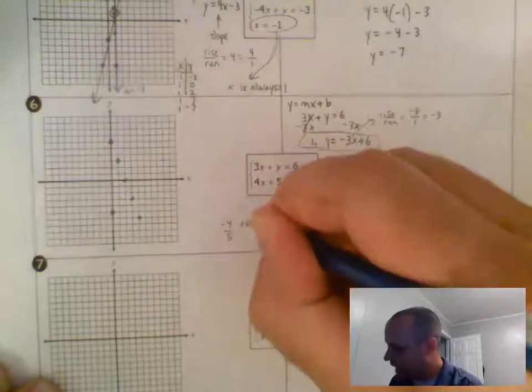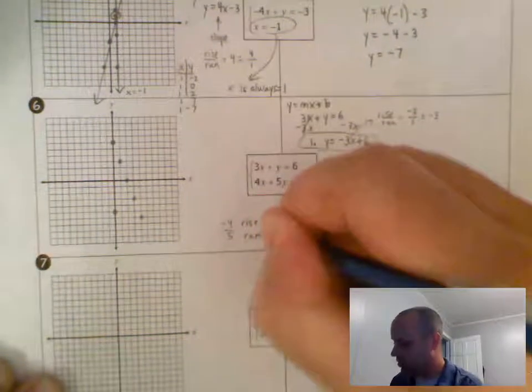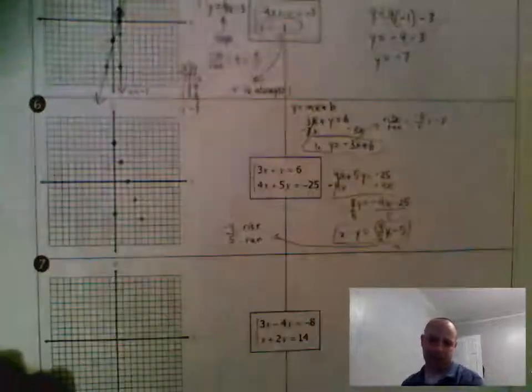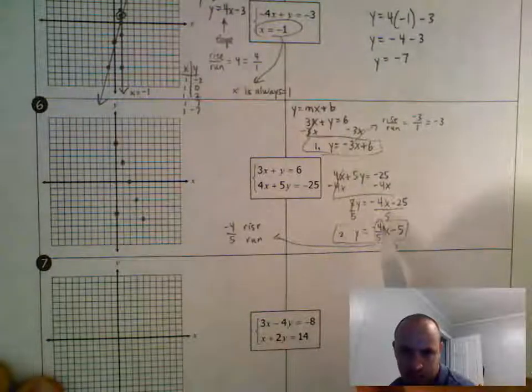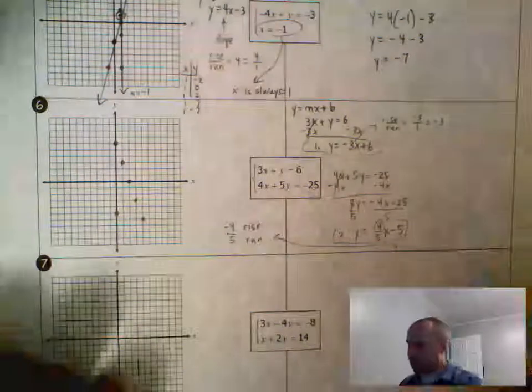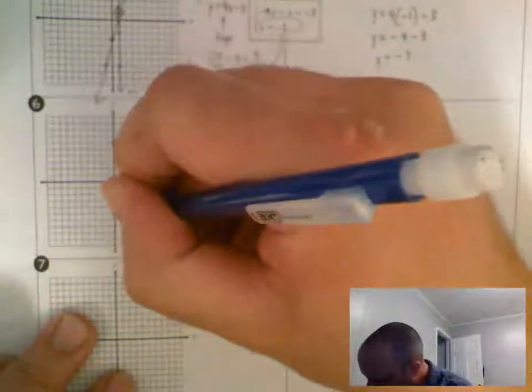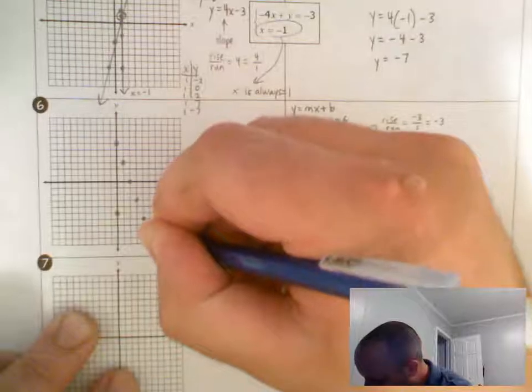So this would be our rise, this would be our run. So that's how the fractions are almost easier in a way, because they're already set up for you, rise over run. So when we run 5, 1, 2, 3, 4, 5, then we have to drop 4. 1, 2, 3, 4. Okay?